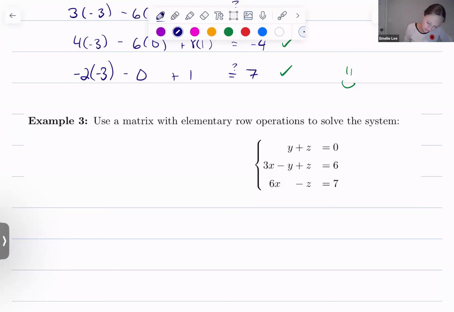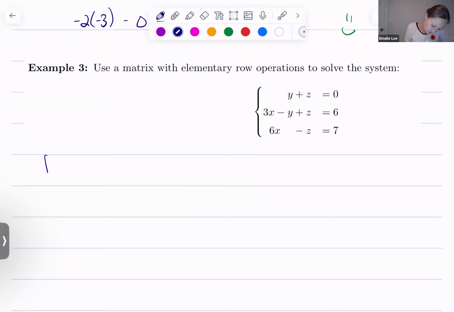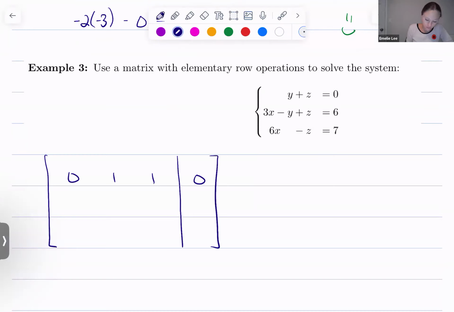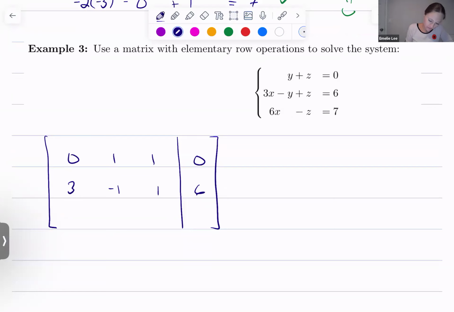I have 0, 1, 1, 0. 3, -1, 1, 6. 6, 0, -1, 7.